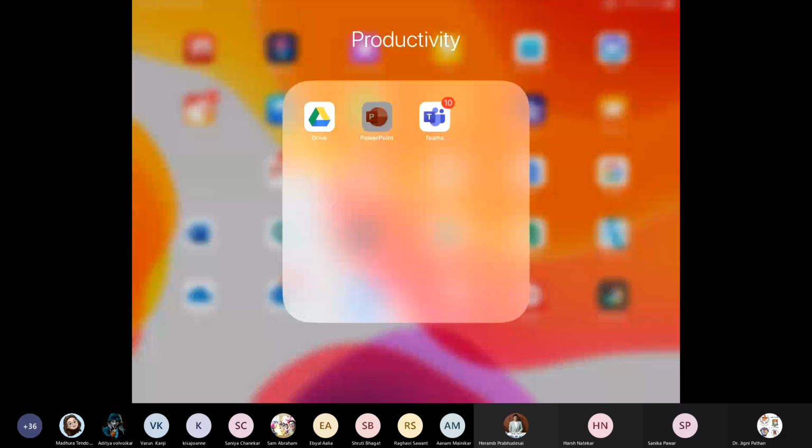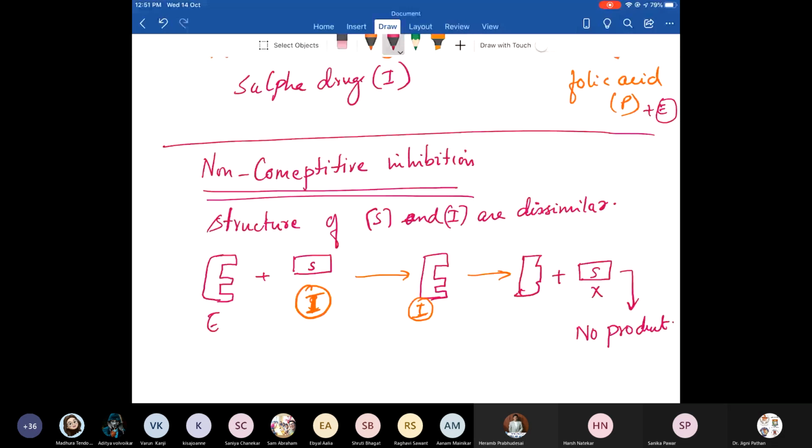Okay. So what I was saying, enzyme, substrate and the inhibitor are dissimilar. They are not similar in structure, but inhibitor binds to enzyme and causes a conformational change. Since there is a conformational change in the enzyme, substrate cannot bind. When substrate cannot bind, there is no product. Did you understand this?